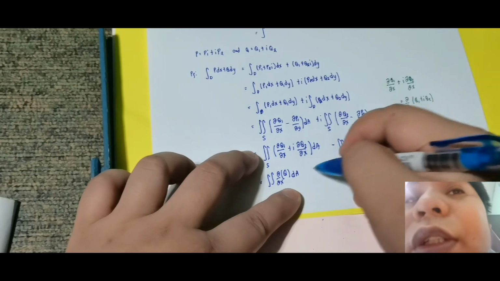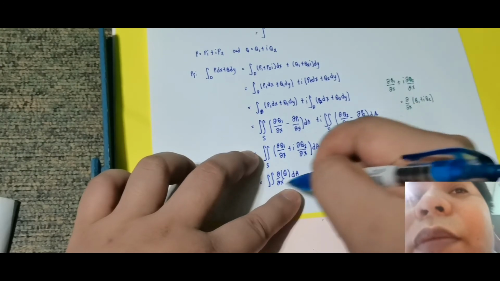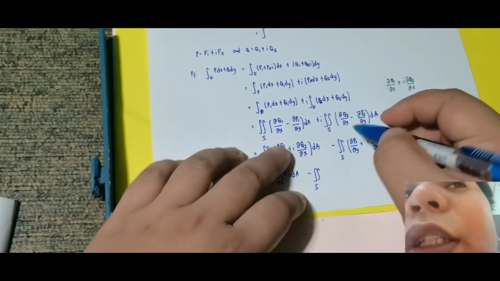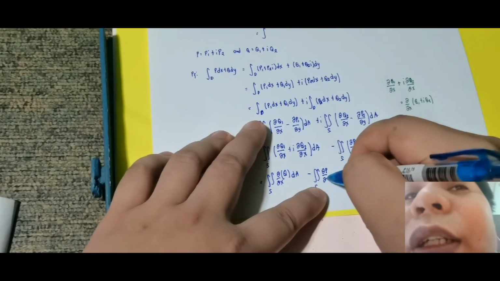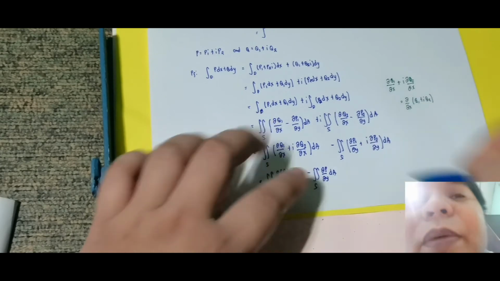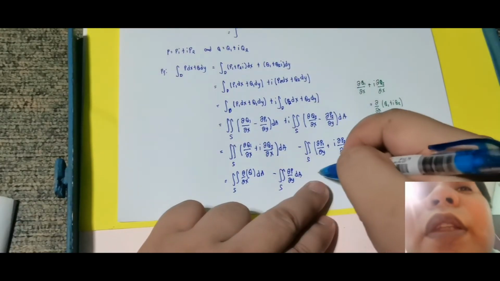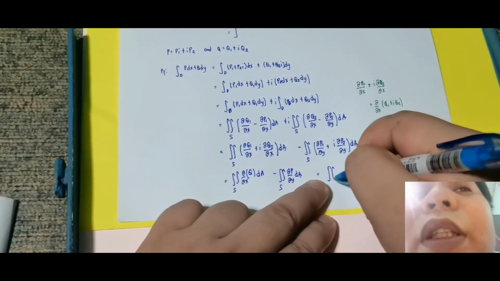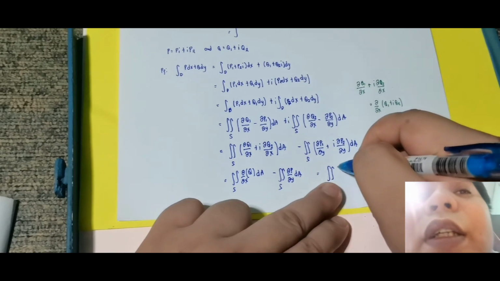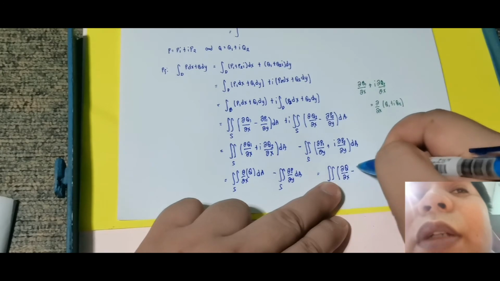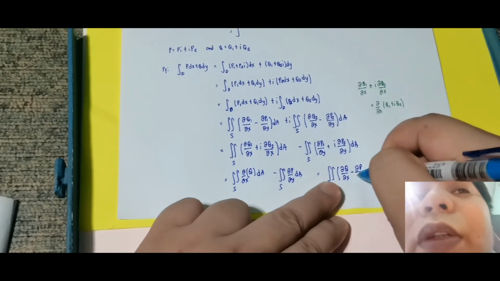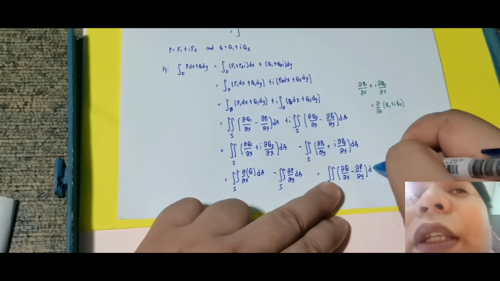Okay, then minus this double integral along S ng partial of P with respect sa Y dA. Then labas ko lang yung dA pag isahin ko yung integral. Therefore, this is equal sa double integral along the surface S ng partial of Q with respect sa X minus partial of P with respect sa Y ng dA.